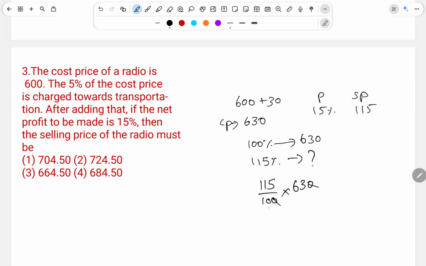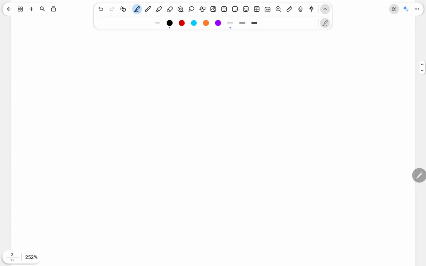Don't divide by 10 first, because it is very easy to divide by 10 after multiplication, we can put a point. 63 5s are 315, 63 1 is 63, 63 1 is 63. Take 5, 31 carried, 94. Take 4 and 9 carried. So 72, 724.5. Second option.